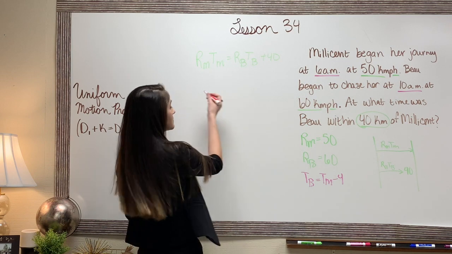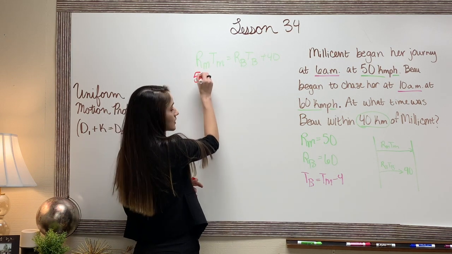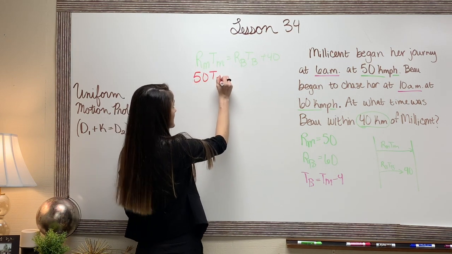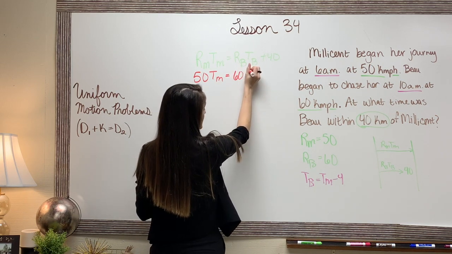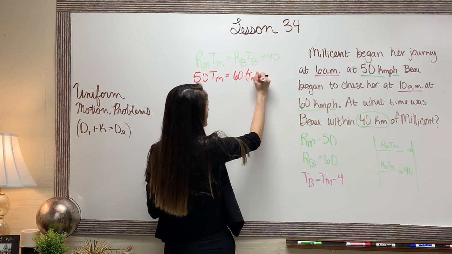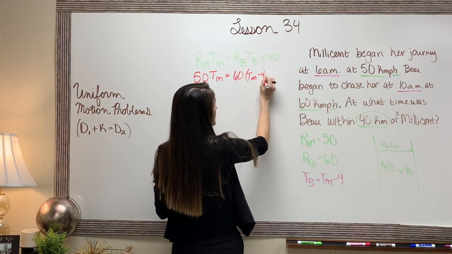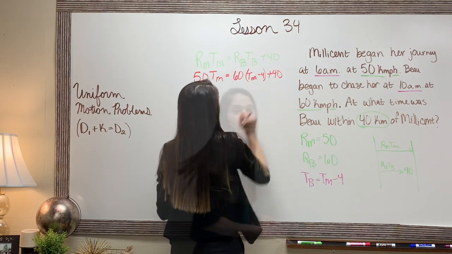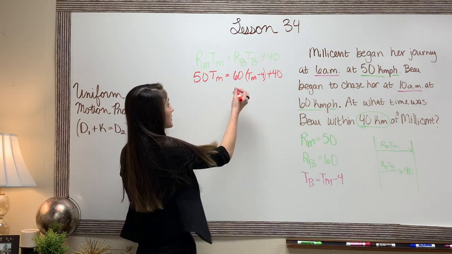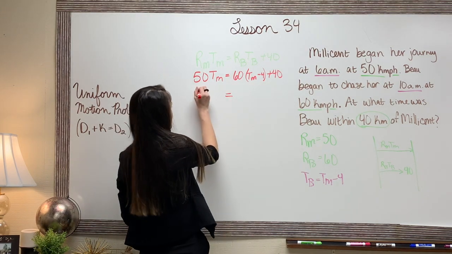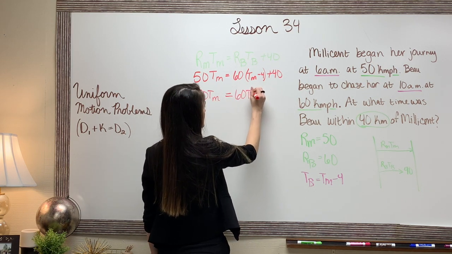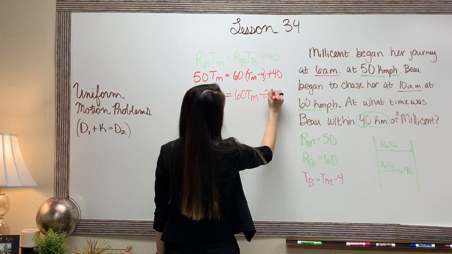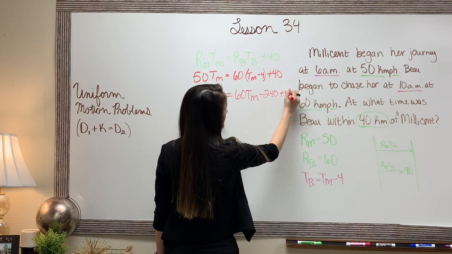Okay, so the rate of Millicent was 50. We don't know time of Millicent. That's our unknown. And then the rate of Bo is 60. Time of Bo is T of M minus 4, plus 40. Our next step is we're going to distribute the 60 T of M. So 50 T of M equals 60 T of M minus 240 plus 40.